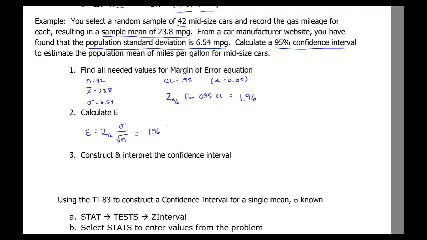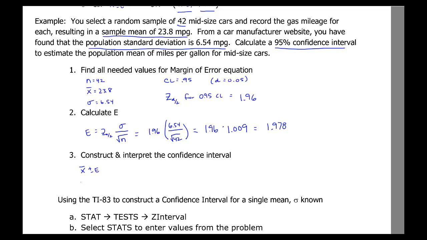So 1.96 for Z, 6.54 for the standard deviation, and our sample size is 42. Do these in parts and write down each part until you get to your final answer. So this margin of error is 1.978.